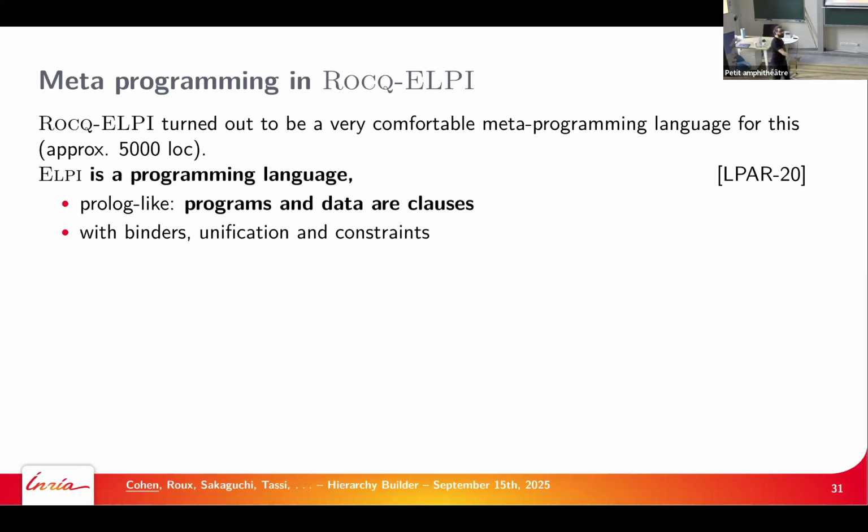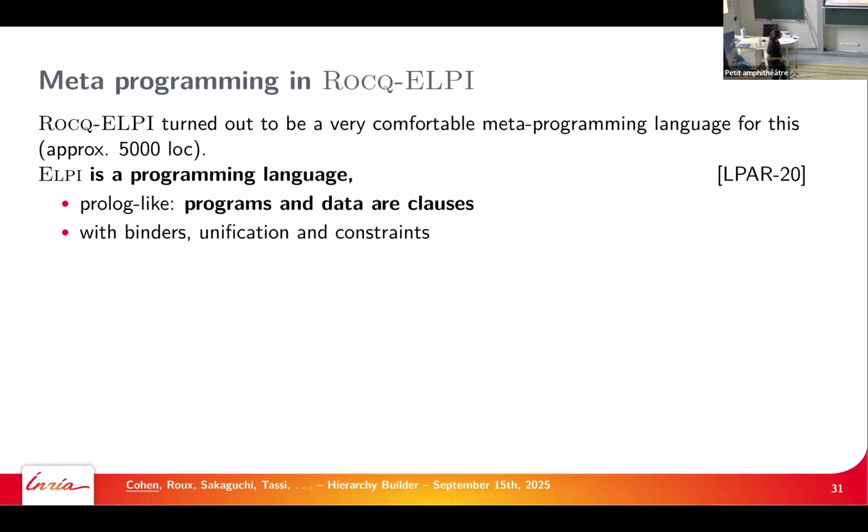And actually, you can even add a piece of program on the fly, which makes it a very, very nice language to program with. In addition to the Prolog features, it has a treatment of binders that allows you not to use De Bruijn indices or explicit name representation or substitution.